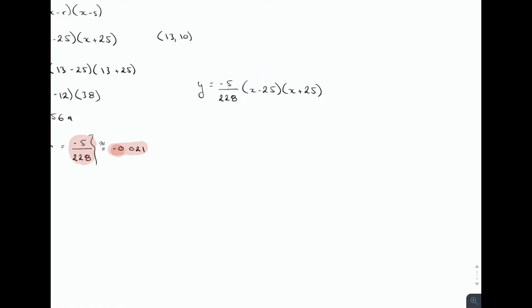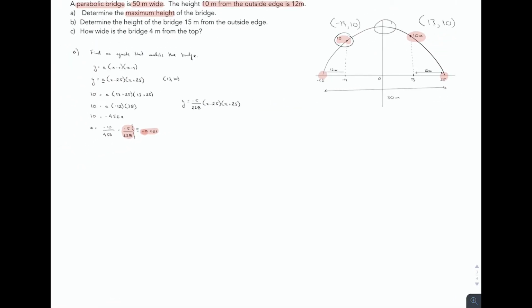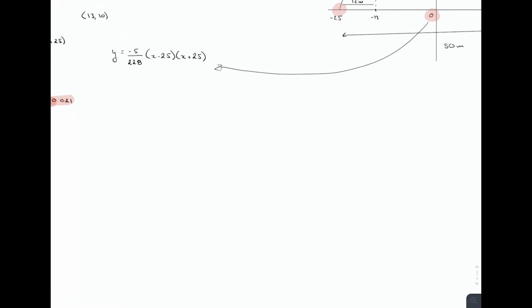And there we have our equation, which now allows us to get our maximum height, the guy up here. All I have to do is plug in the value of 0 for x into my equation, and I'm going to get the value of the vertex, or the maximum. So what do we get?